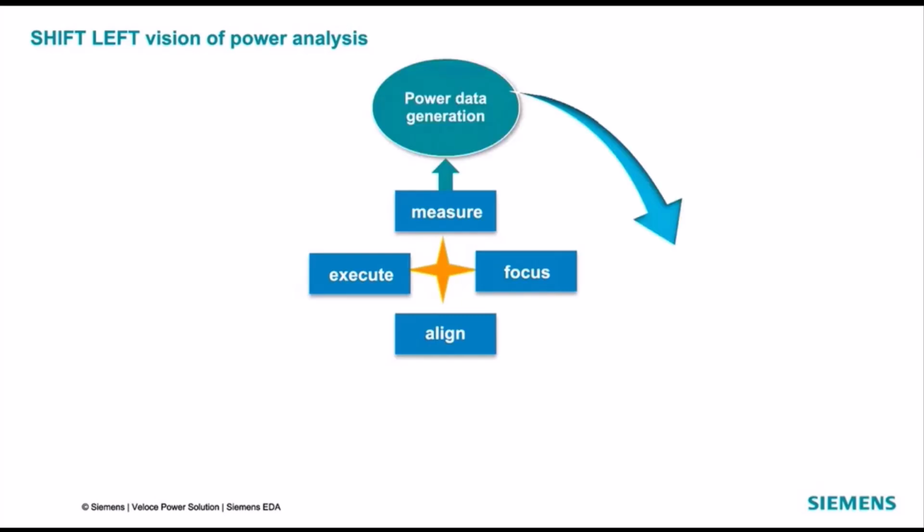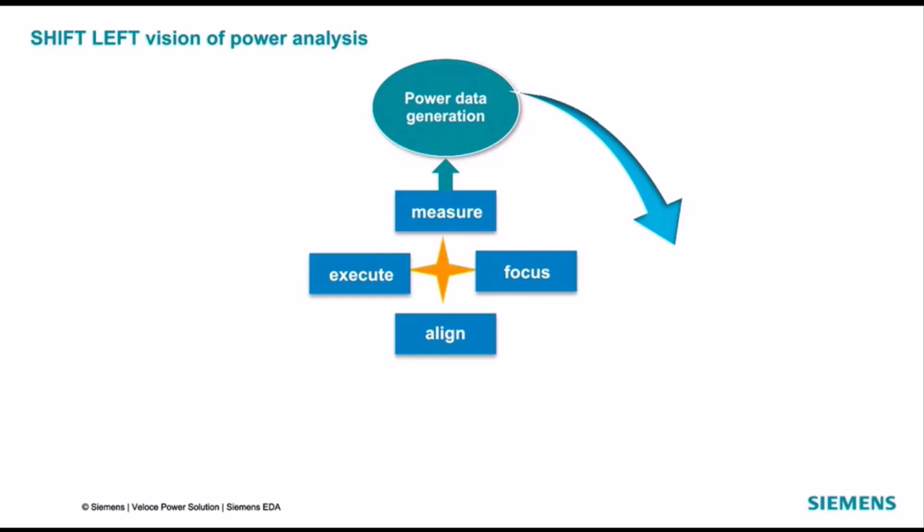It starts with generating the power data. How fast can it be generated, and how good and accurate is the data being generated? Veloce Power solution generates power analysis data with cycle granularity for huge benchmarks like Manhattan, Car Chase, Angry Birds, and Aztec in just a few hours.